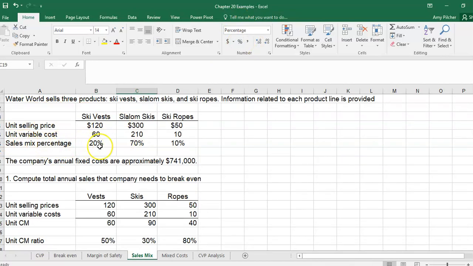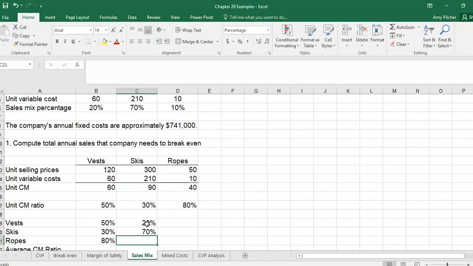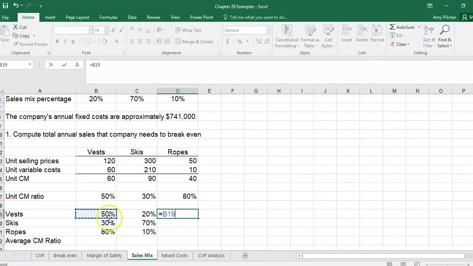So we have our sales mix percentage for vests is 20%, for skis is 70%, and for ropes is 10%.